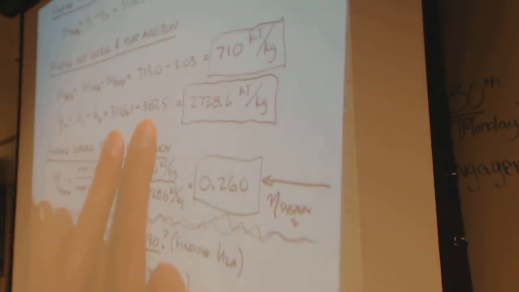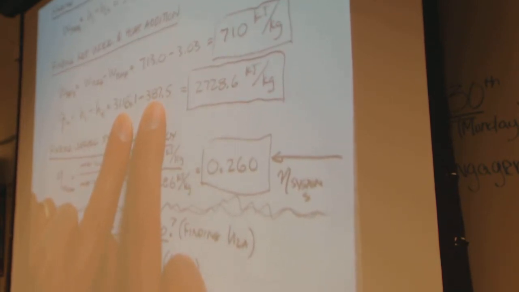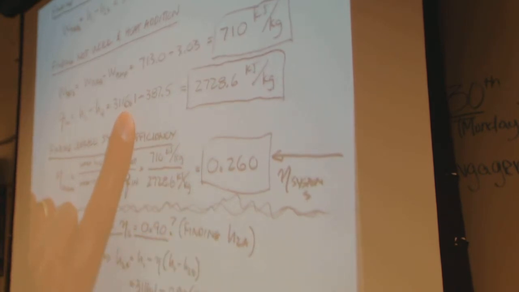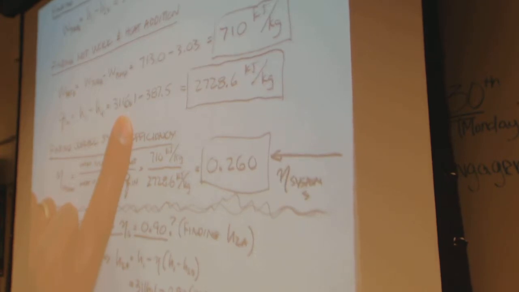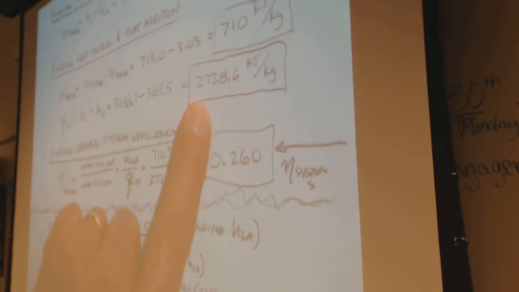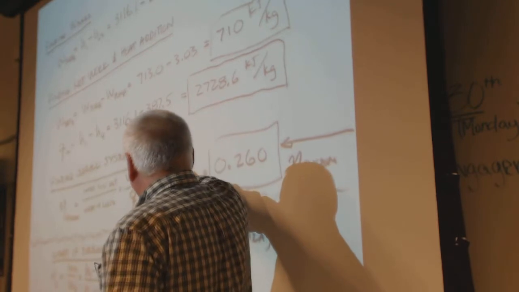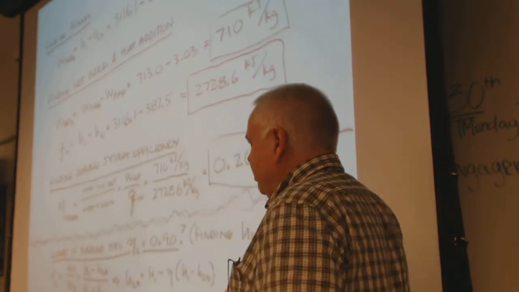The heat in was the difference between the outlet of the pump and the high value, the inlet to the turbine. You get 2729 kilojoules per kilogram. So that's your Q in, that's your net work, and when you divide those you get about 26% efficient.